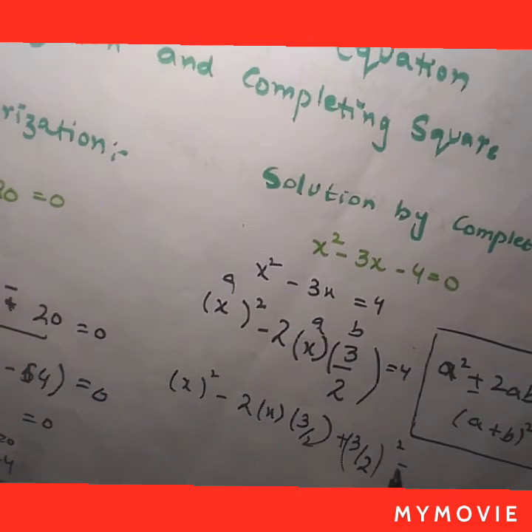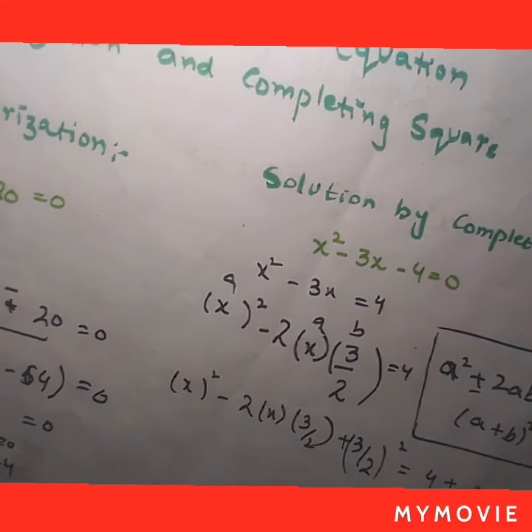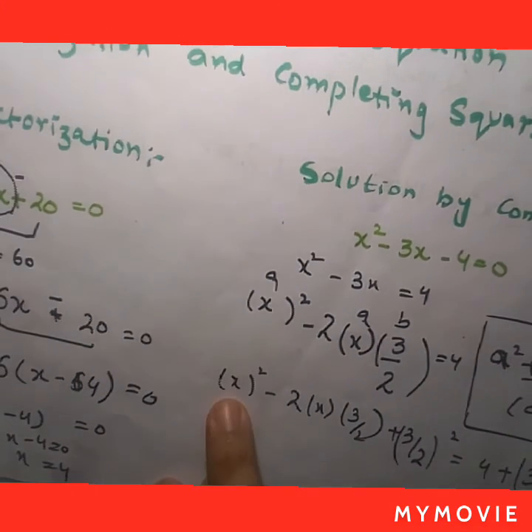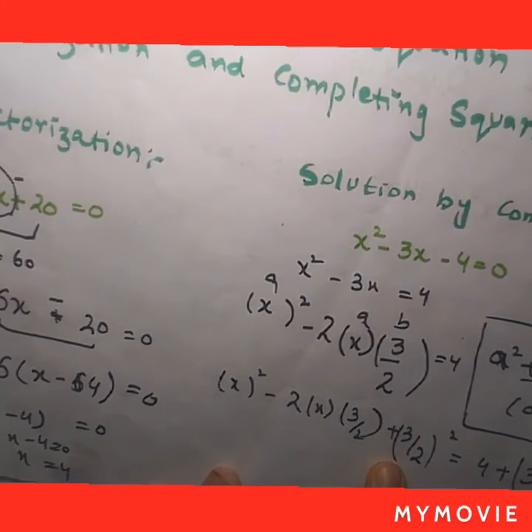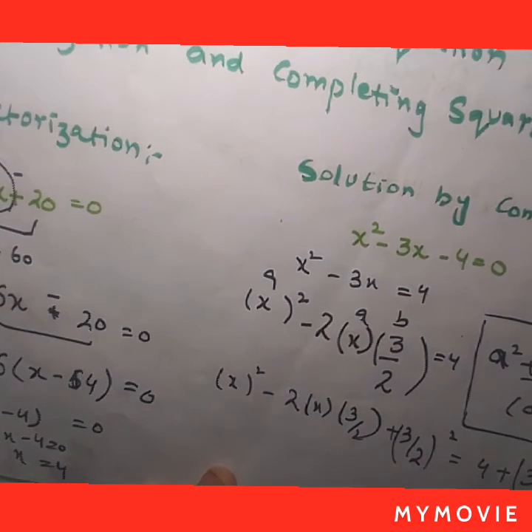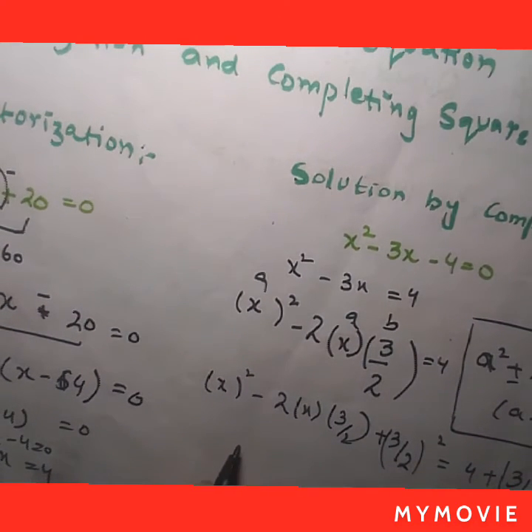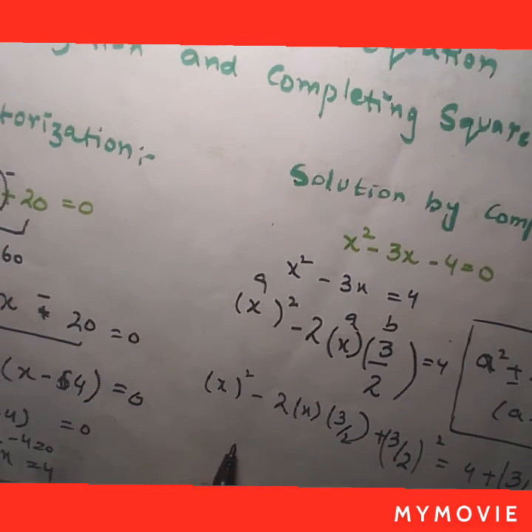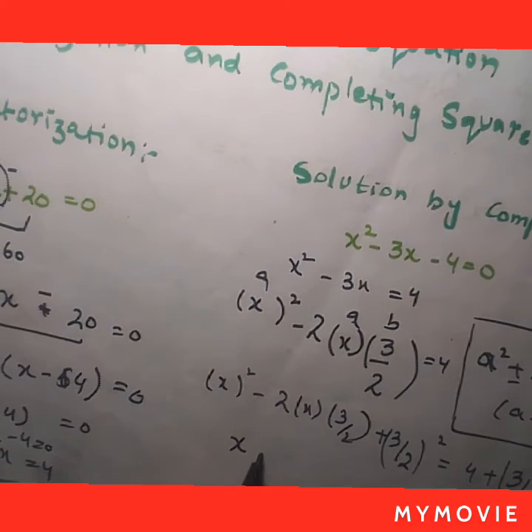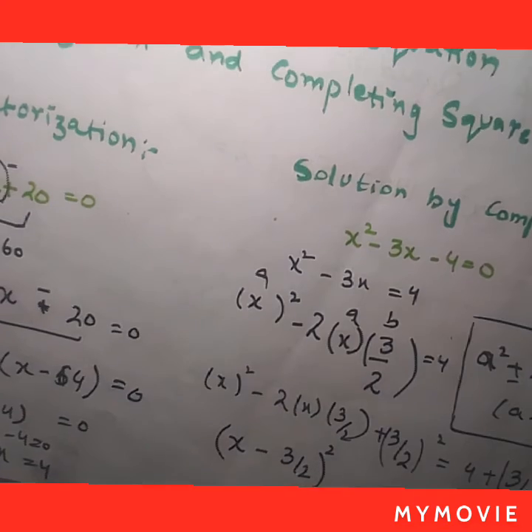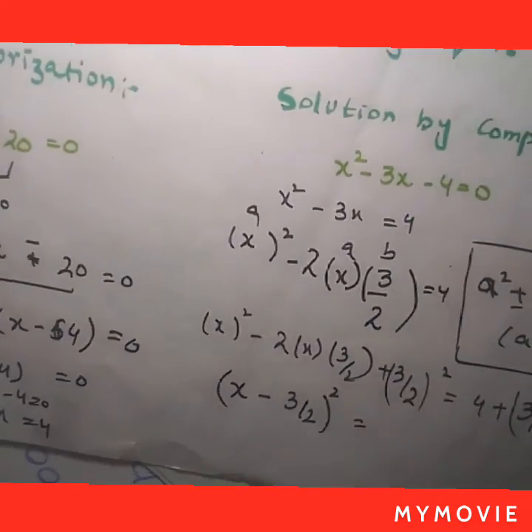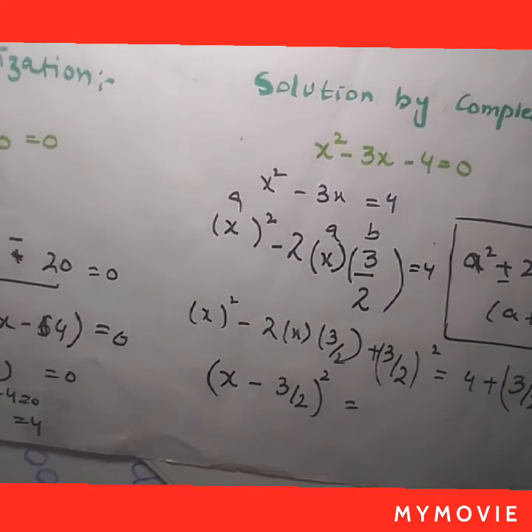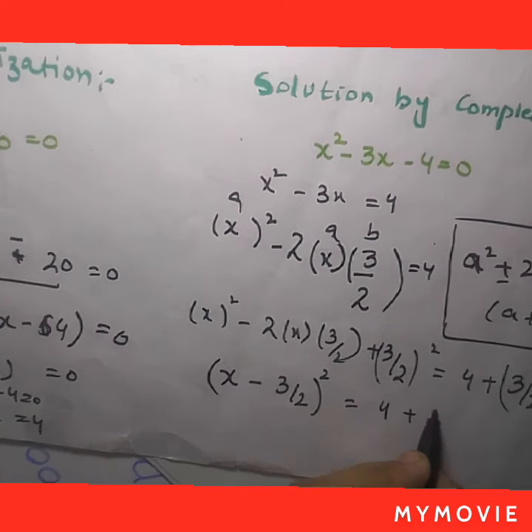You can see this in the next step, because x square minus 3x plus (3 by 2) square makes a whole formula, which is (x minus 3 by 2) whole square, equal to 4 plus 9 by 4.